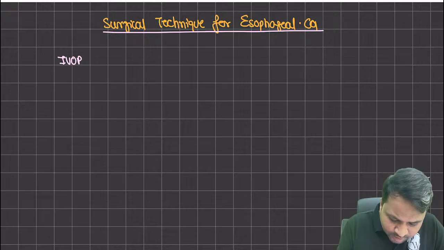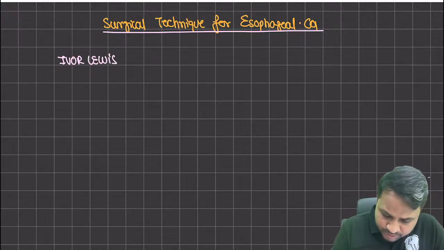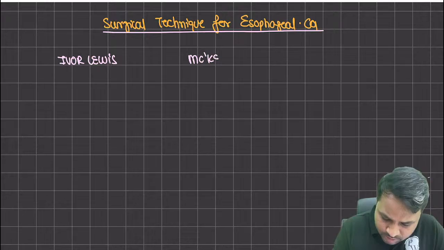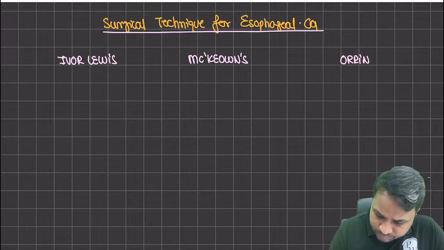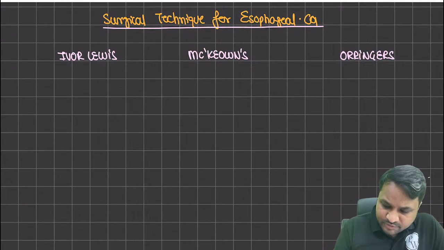Number one is your Ivor-Lewis surgery. Another one is your McKeown surgery. And another one is your Orringer. So let's try to understand what is the difference between these three techniques.